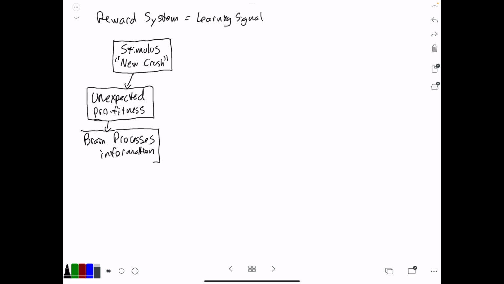And ultimately, right, it's your brain that's determining that this is unexpected, or I guess I should say realizing that this is unexpected, and realizes that this is pro-fitness. And I'm drawing a box around here because this process is very much a black box in terms of how the brain does this.